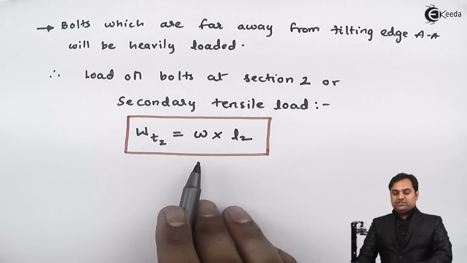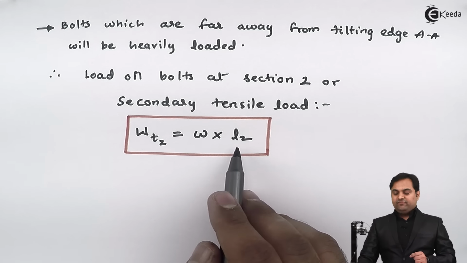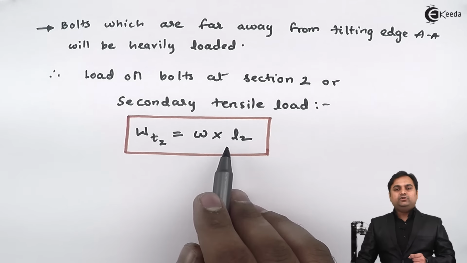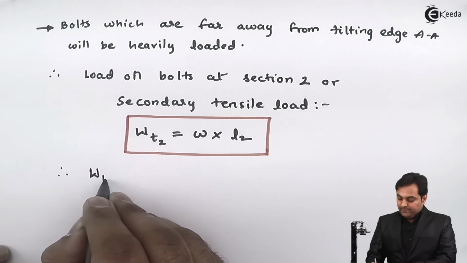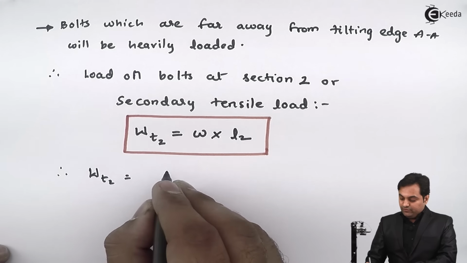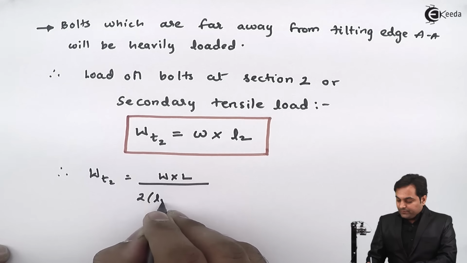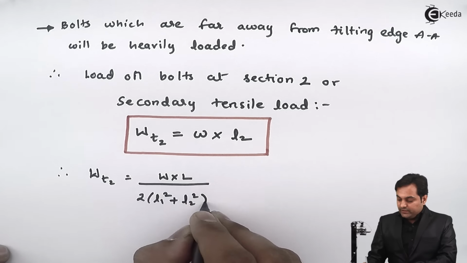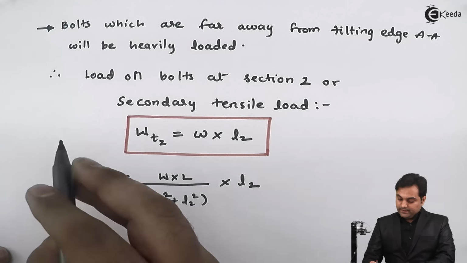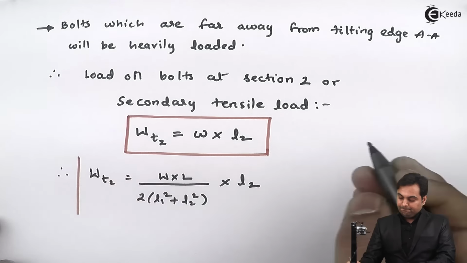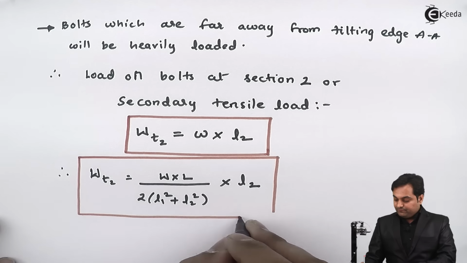So here I have the equation. Small w is the intensity of load per unit distance, and if we want the load on distance L2, I have to multiply by L2 here. So finally secondary tensile load will be, this W value we have got, capital W into L upon 2 into L1 square plus L2 square, multiplied by L2. So here I can say that this will be equation number 5.